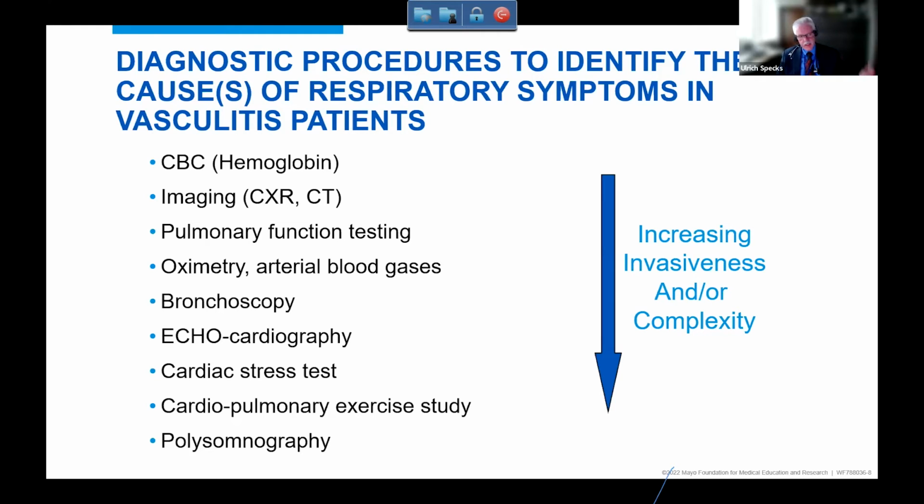So these are the main diagnostic tests, and in various combinations. And with those, we're usually able to tell you why you're short of breath, whether there's anything wrong with your airways, your lungs, or your heart, or what we need to do to correct the problem.